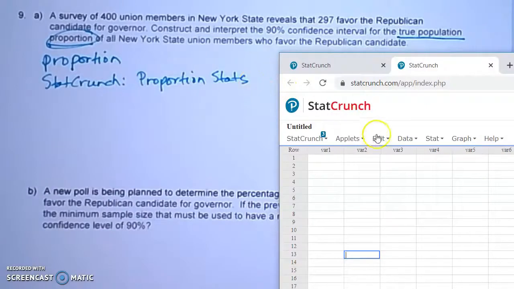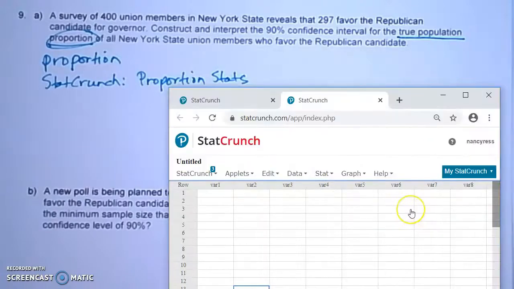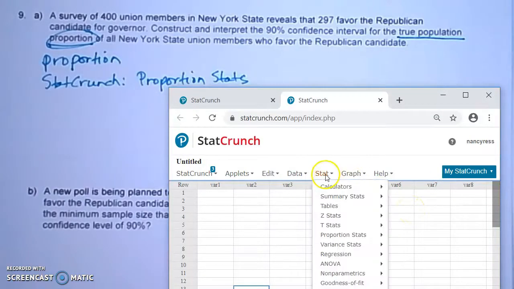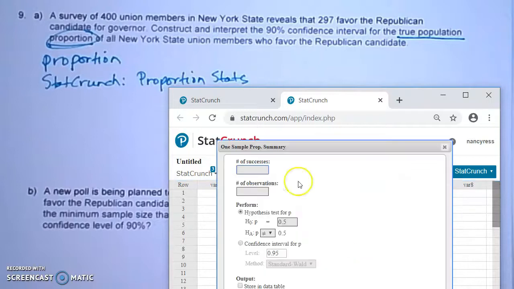If I'm in StatCrunch, I want to go to Stat, Proportion Stats, One Sample, and in this one I don't have a data set, so I'm going to have to do it with Summary. This is going to ask me for the number of successes and the number of observations.